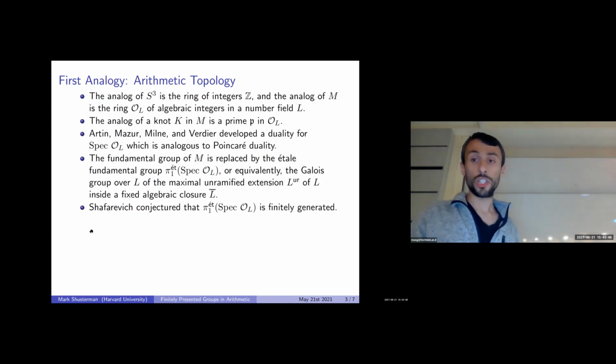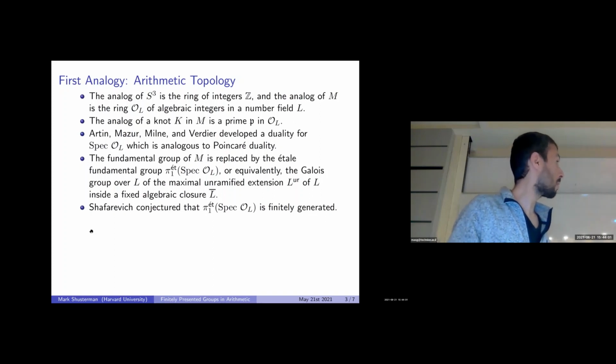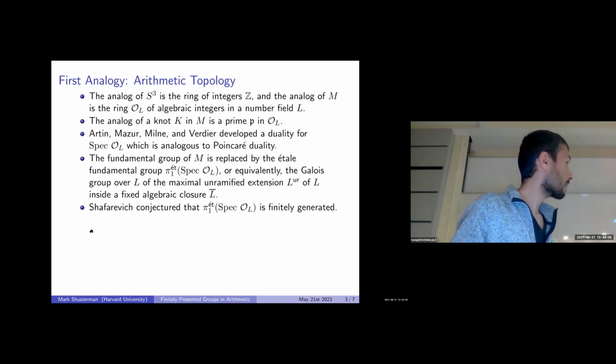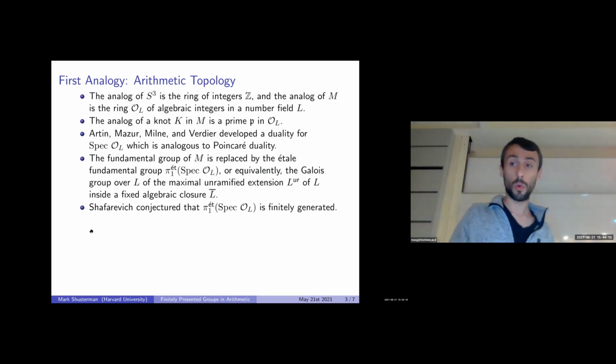So Shafarevich conjectured that this étale fundamental group, and this analogy suggests that to some extent, is finitely generated. Certainly, we know that the fundamental group of a three manifold is finitely generated, but in this case, we don't even know that this group is finitely generated, and this is quite a difficult open problem.